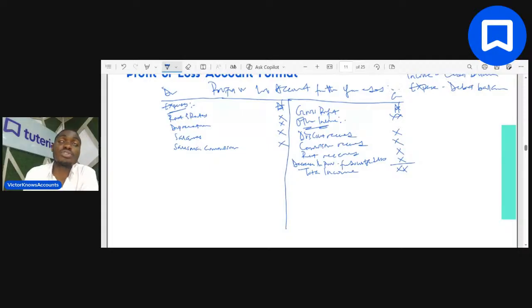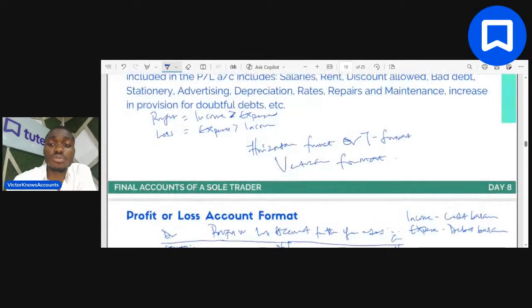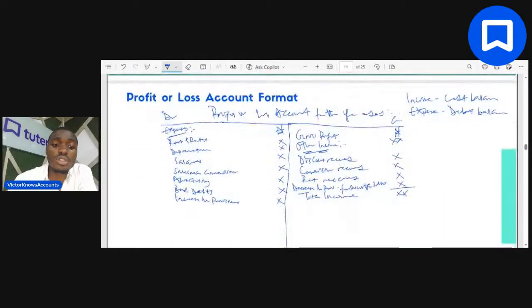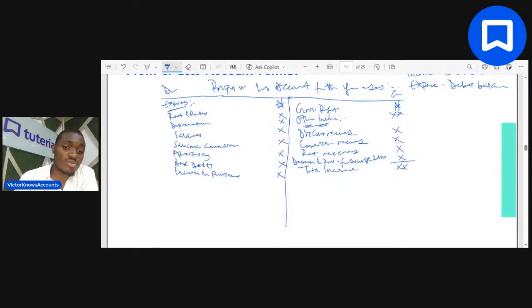Rent and rate, depreciation, advertising, bad debt, increase in provisions for doubtful debt. I gave some. You guys should give me examples now.